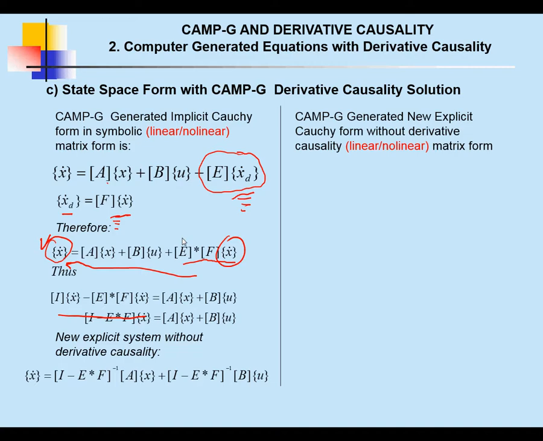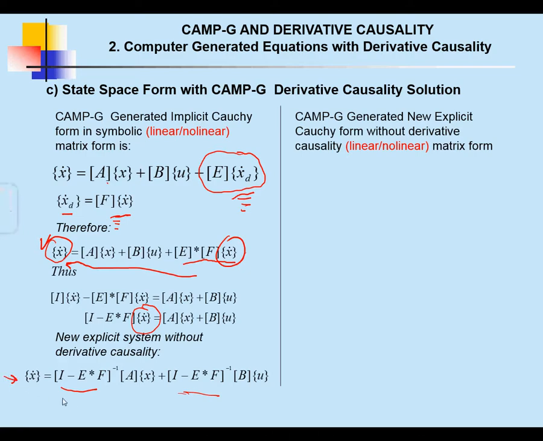What I suggest is that you see from here, to solve explicitly for the state variable derivatives, we will have to invert this matrix and multiply by both sides, and we'll obtain this equation that you see on the right hand side over here.